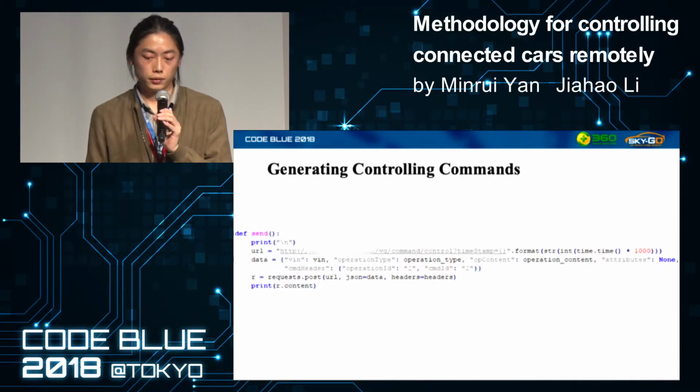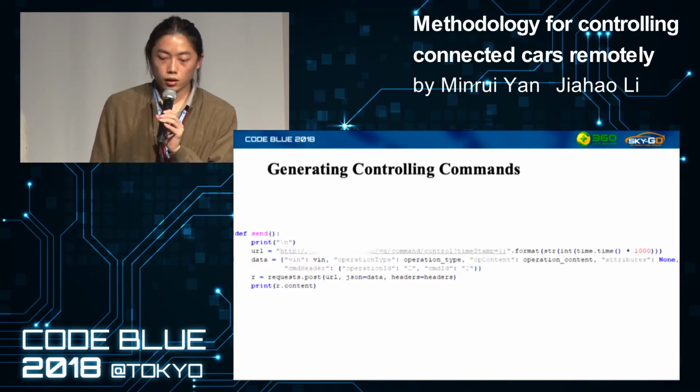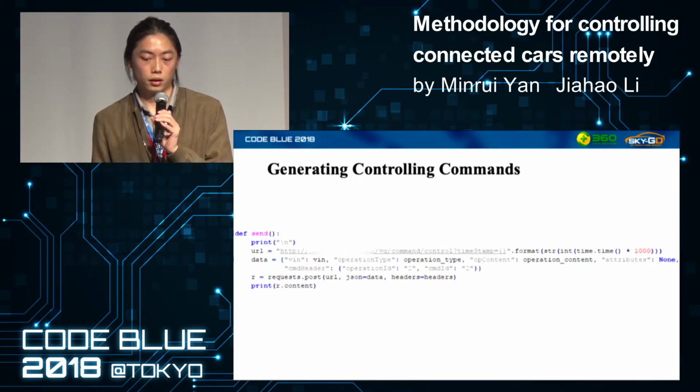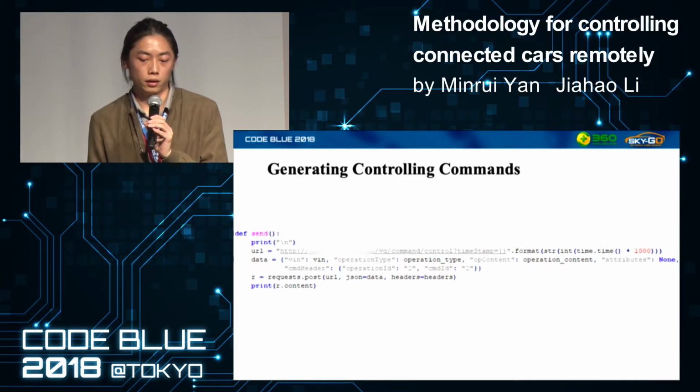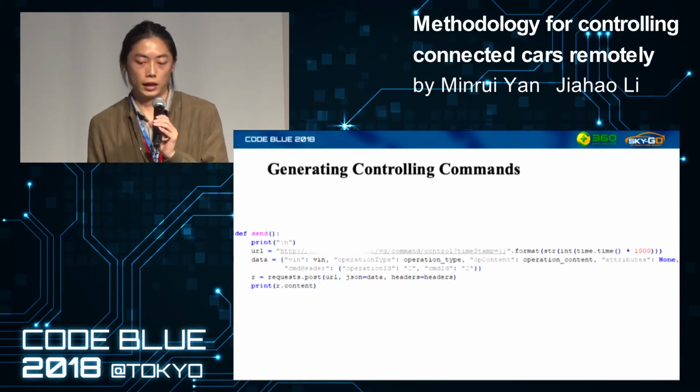We wrote a script to control the car. The send method composes commands for controlling a car. It sends parameters including VIN, operation type, operation content, command tokens, and the timestamp.